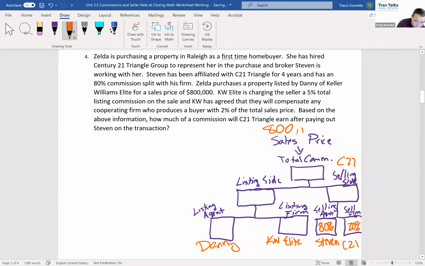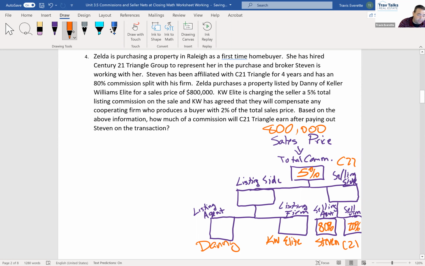Okay, well, we know the sales price goes up here at the top. Keller Williams Elite is charging the seller a 5% total listing commission. So we know that 5% goes up here as the total commission on the sale, and KW has agreed they will compensate any cooperating firm who produces a buyer with 2% of the total sales price.